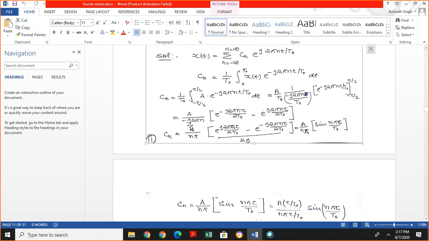Here, 2j, if this expression is equal to sine theta, so we get the value of Cn as A by n pi sine n pi tau divided by T naught.